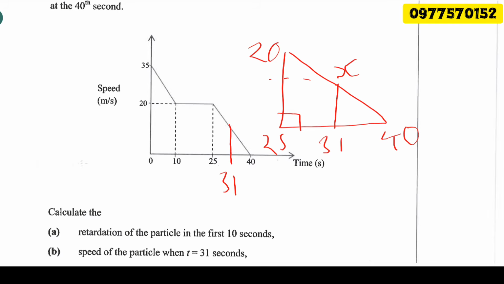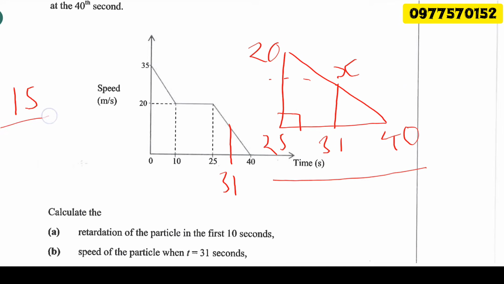Okay, so we can use proportions. We are going to use the longer length here, which is 25 to 40, which is 40 minus 25. 40 minus 25 is what? Is 15.